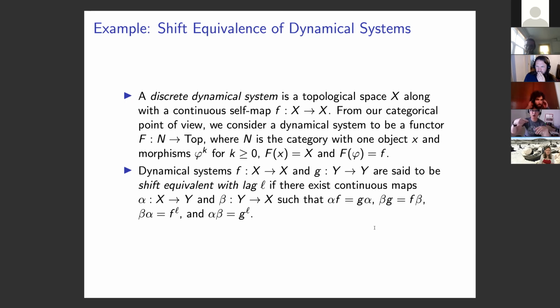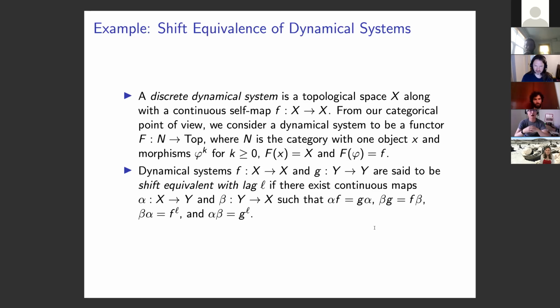And since you have all these iterations of the map for every natural number, we can think of this as being a functor from the one point category that has one morphism for each natural number into topological spaces, where the image of your one point is your space X, and the generating morphism gets sent to your continuous self map. Okay, so we're already seeing discrete dynamical systems as being like persistence modules.